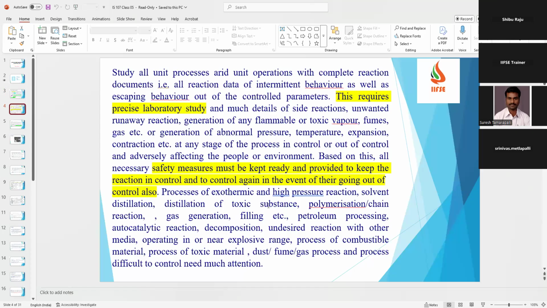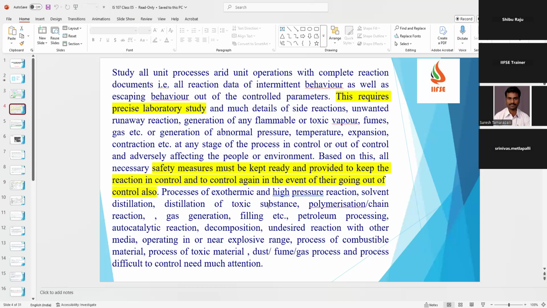Then this requires precise laboratory study, and also many details of side reactions, unwanted runaway reactions, generation of flammable or toxic vapors and fumes, gases, etc. So whenever the reactions are happening, you get so many unwanted temperatures or unwanted runaway reactions also happen whenever the temperature is out of control.